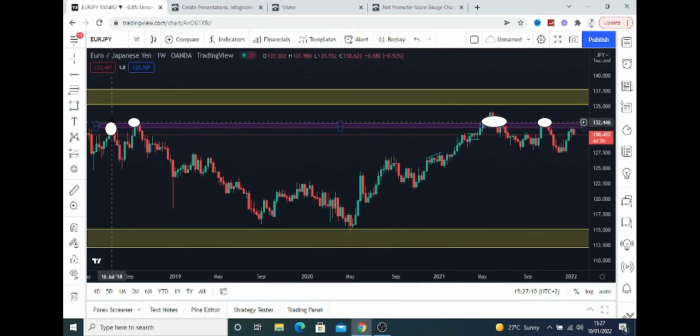So the price came here, it rejected this area, then it came down, then it went up again, rejected this area, then it came down. So we also need to mark this because the price reacted in this area.